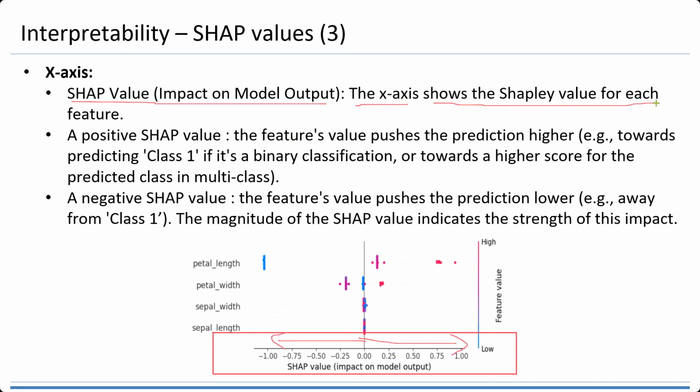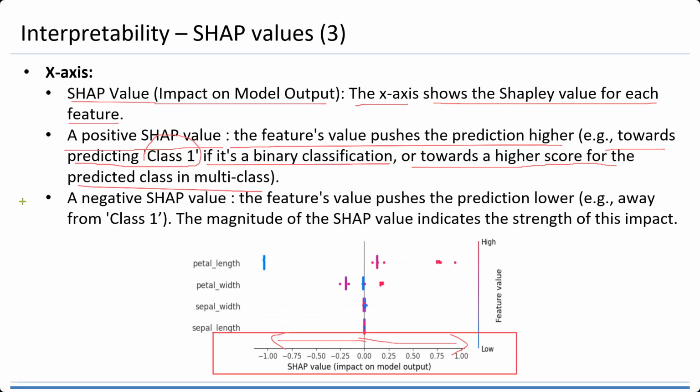It shows the Shapley value for each feature. A positive Shapley value means the feature value pushes the prediction higher toward predicting class 1 if it is binary classification, or towards a higher score for the predicted class in multiclass.